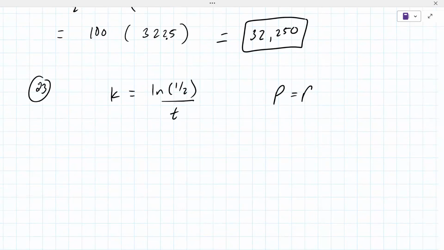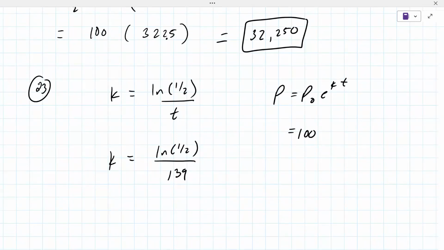It's P equals P0 e to the kt, like that. We don't know the initial amount, but we'll just call it 100. So your k is natural log of 1/2 over 139. And then we're interested in 88% disintegrated, so 88% has to disintegrate, which I guess means you're down to 12.